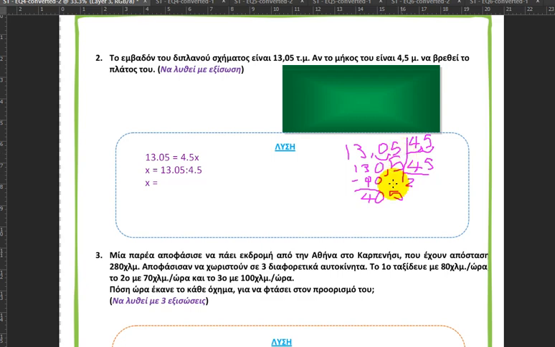Wait, though, I just carried down the 5, but I crossed the decimal point, so I needed to put a decimal point here. So this 45 fits into 405 exactly 9 times, and then we'd say 405 minus 405, which makes 0. So the answer here is actually 2.9.